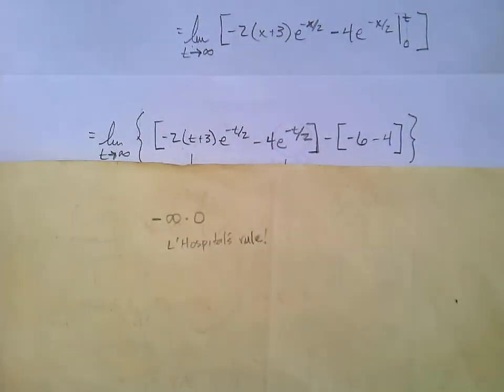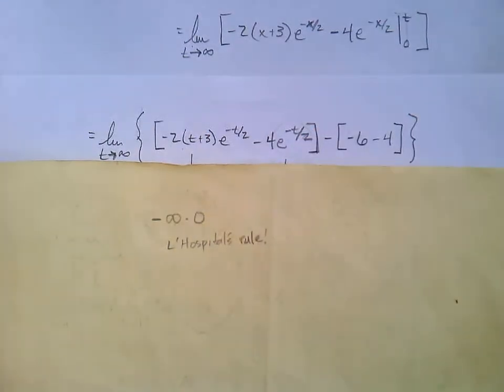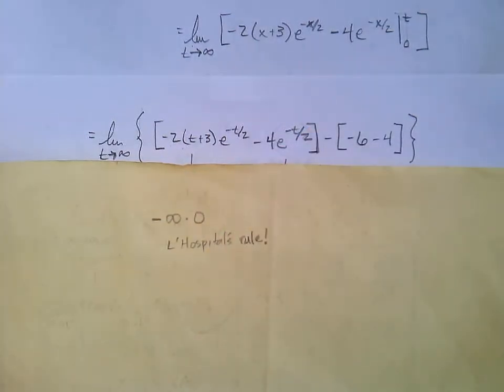We'll need L'Hopital's rule. Occasionally I get students in Calc 2 who never learned L'Hopital's rule in Calc 1. Yeah, you need to know that. So if you're not familiar with L'Hopital's rule, it's a big section. It's only one section in Calc 1, but it's a big one.